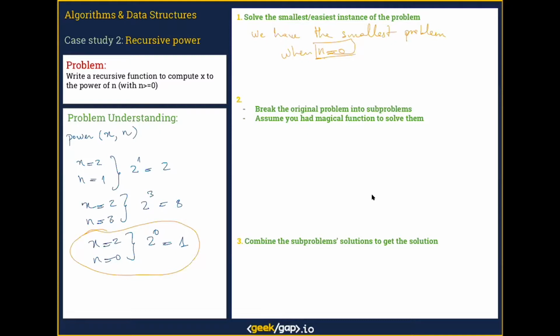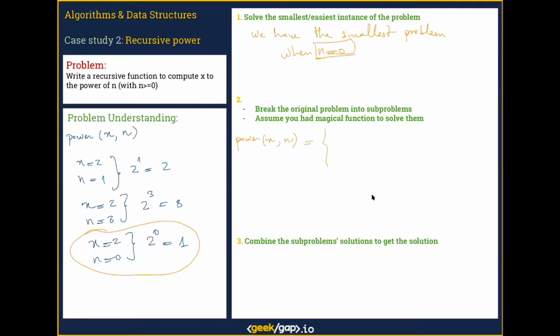So let's say we define power, we break the problem as follows. And this will show you that the way you break the problem down into smaller problems has a direct implication on the final complexity that you get for your problem. So x to the power of n, we can define it as follows.